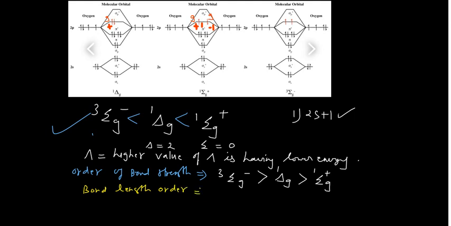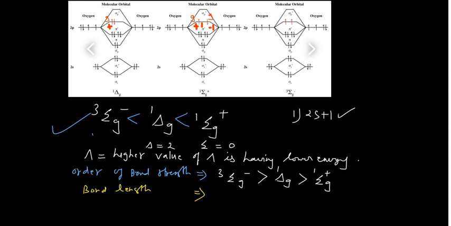So how you can determine the bond length order? It simply means actually, see, this order may confuse you. Okay. So what would be the order of the bond length actually, right? So whenever your bond is stronger, then it would be shorter, right? And whenever your bond is weak, then it would be longer. So this is something very very important which you should know actually. Okay, so generally excited state actually will have the weak bond. So whenever excited states are having the weak bond, definitely their bond length would be the higher.